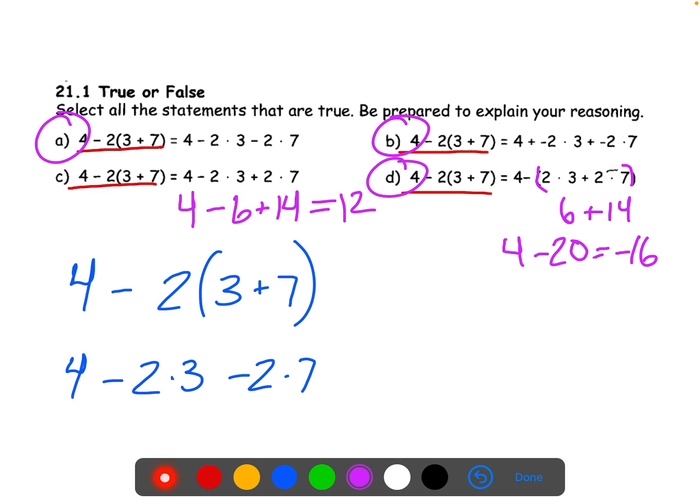So this would be an equivalent expression because we're combining the two quantities that are being removed from 4. Here, we're not removing, remember we said we had to remove 2 groups of 3 and remove 2 groups of 7, but that wasn't the case. We removed 2 groups of 3, and then we added 2 groups of 7, which would not be equivalent. So this would be the one that would be a false statement.